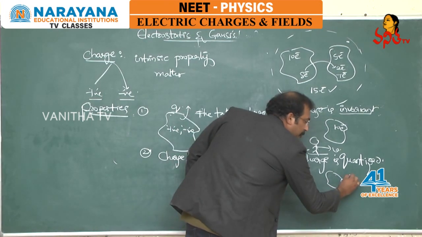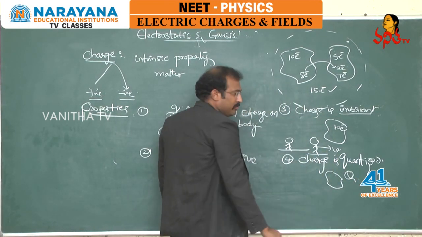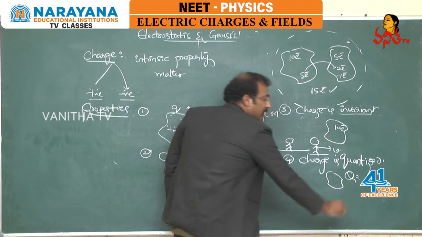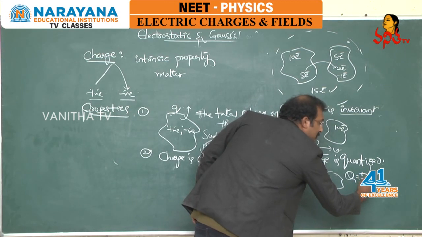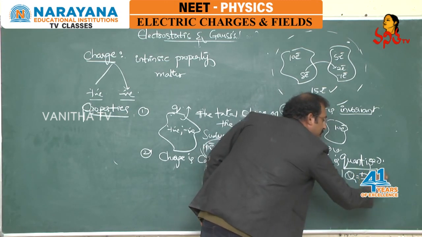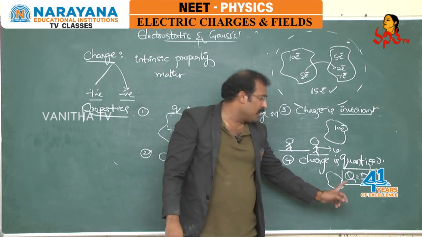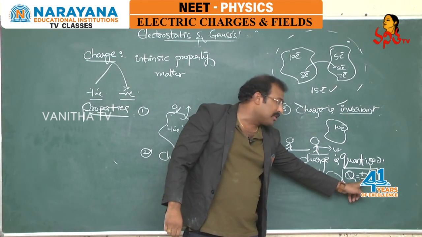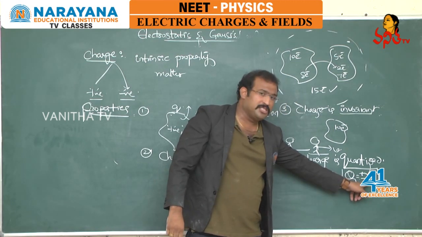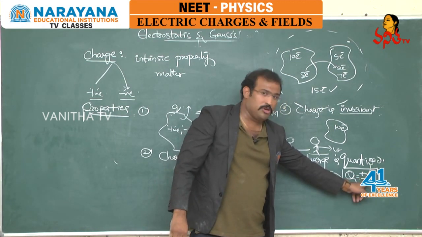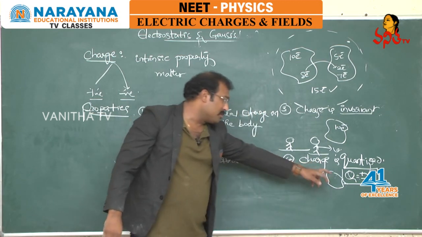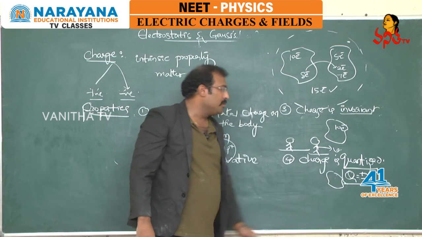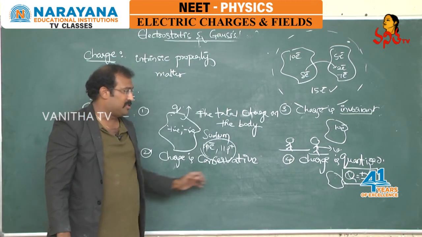That is, suppose if I say charge on the body is Q and the least possible charge is charge of one electron. So therefore, we say plus or minus Ne. This is the charge present on the body. That is, always the charge on the body is the integral multiples of the fundamental charge of nature, which is the charge of an electron. So this is the charge present upon a body, which is said to be quantized. So these are the four properties of the charge.